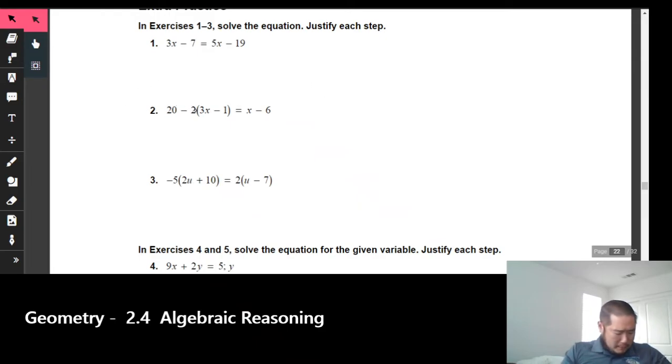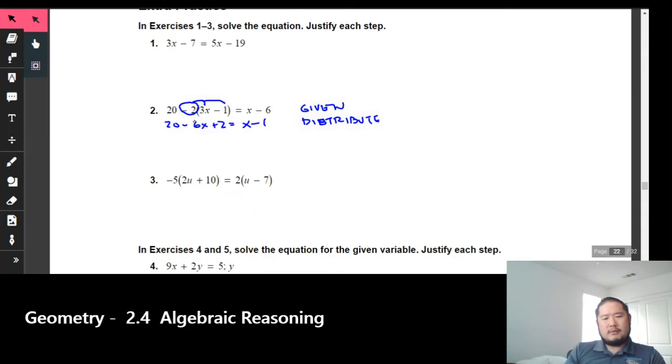My first step, or the first step you should take right here on number 2, is distributing. Okay, and what students often forget is to distribute not just the 2 but the negative 2 here. So we start off with what's given, and what I'm going to do is distribute. And so we have 20 minus 6x plus 2 is equal to x minus 6.